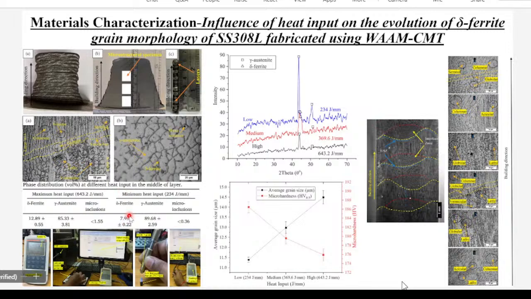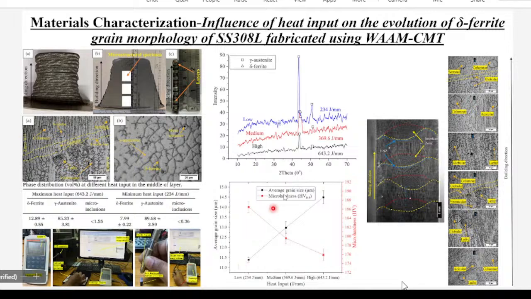As per the literature also, 8 to 12 percent ferrite will be there if we are fabricating SS308L, 316L or 304L. This ferrite is very important, as I will tell you in the next slide. This will prevent the transgranular corrosion also. I will tell you about that in the sensitization part.